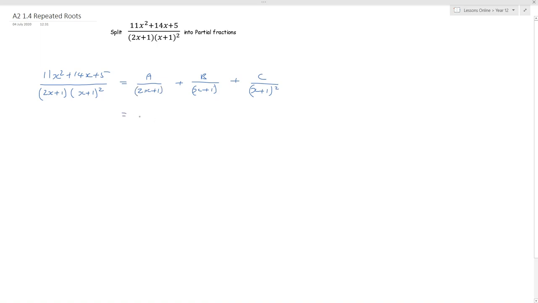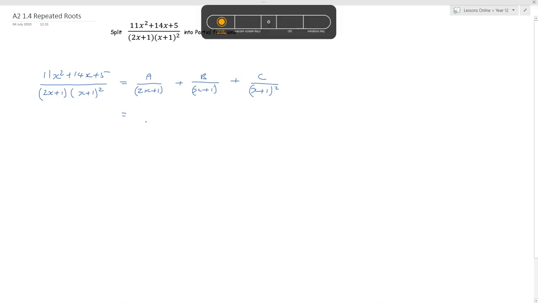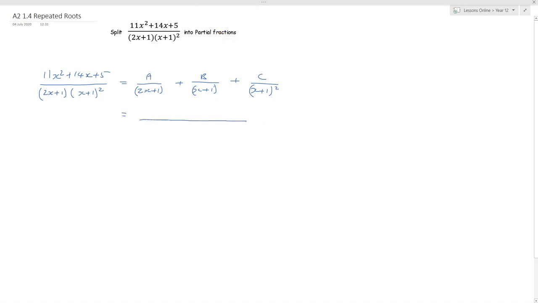Now our denominator is going to comprise of 2x plus 1 and x plus 1 squared. This is as in the term we're trying to make into partial fractions.